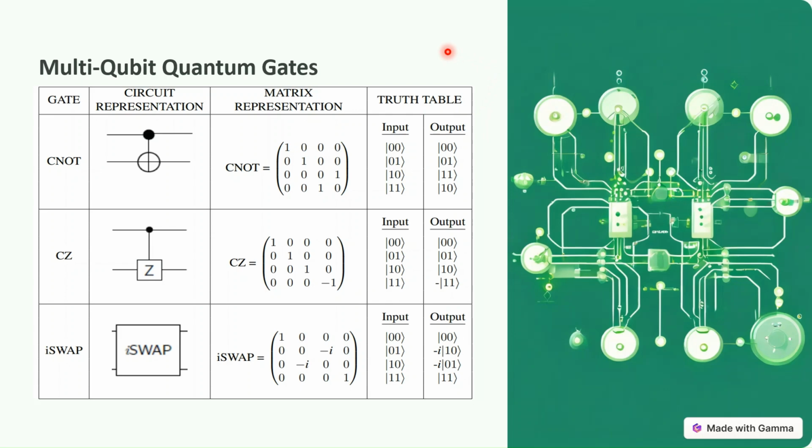There is a target qubit, and one is the control qubit. These are the CNOT, CZ, and iSWAP gates. This is the circuit representation, this is the matrix representation, and this is the truth table.